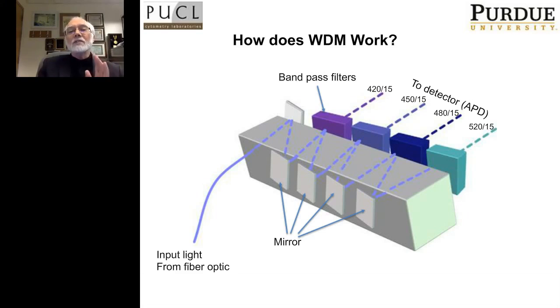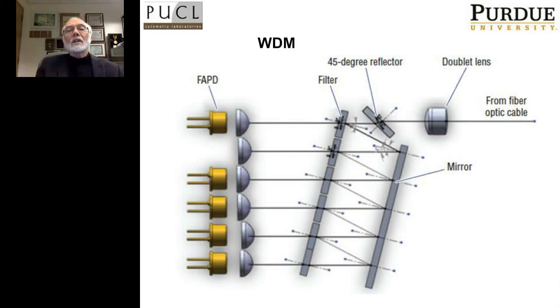So let me show you this again in a slightly different form. You can see on here, on the top right, that there's an optical fiber. It's going through a lens, and it's hitting a mirror on this side, and some of the signal is going through to an APD that says FAPD, just a fluorescence detector.